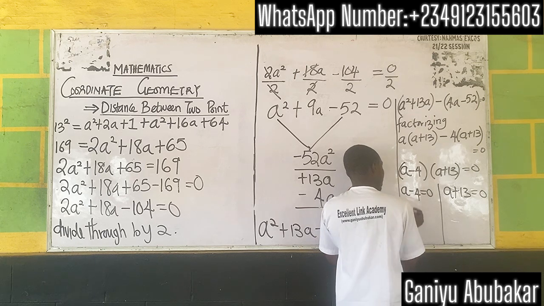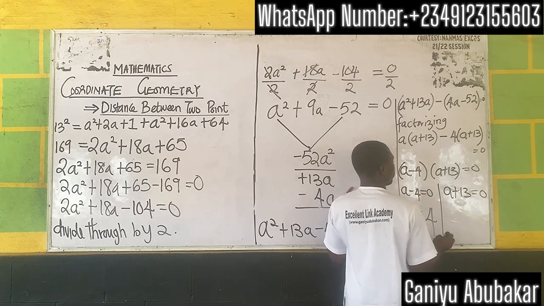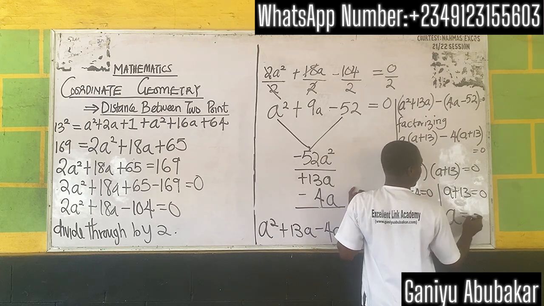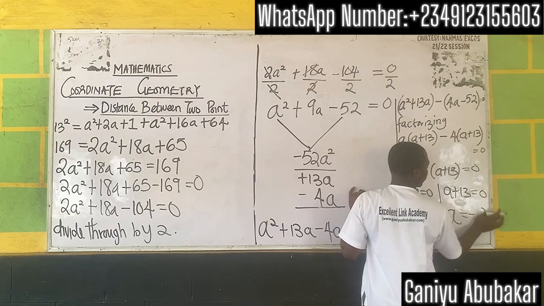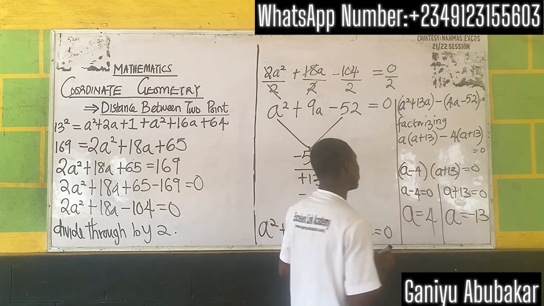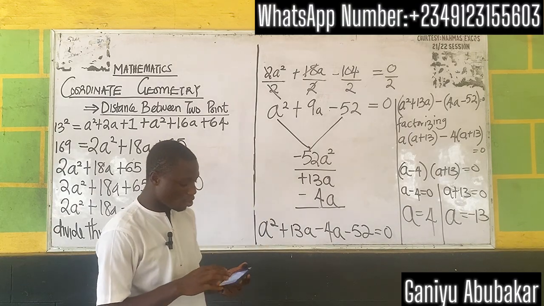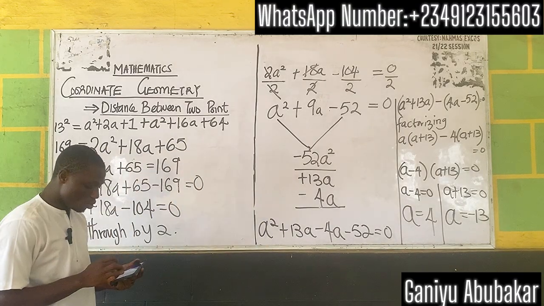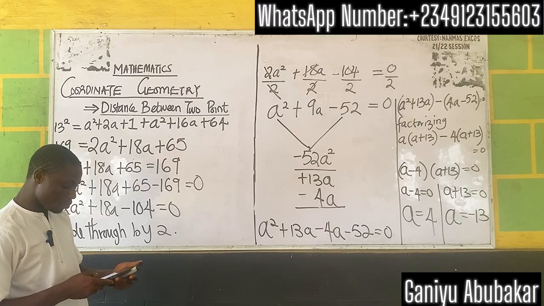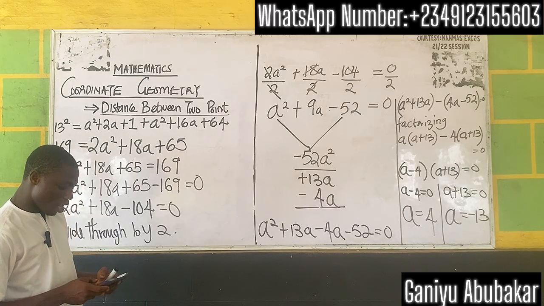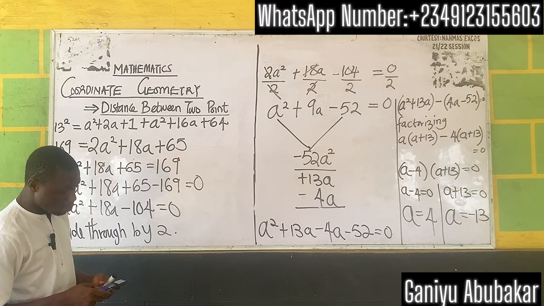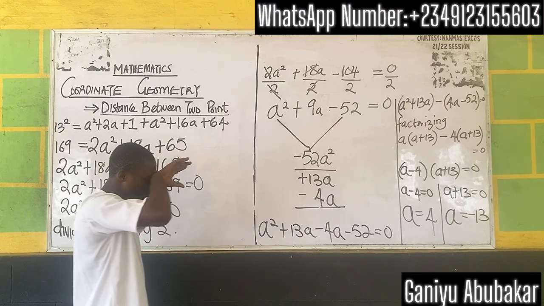Here gives you a equals 4 or a equals negative 13. These are the two possible answers for a. This is how you solve this particular question, as you can see on the board. All right, these are the two possible values of a.